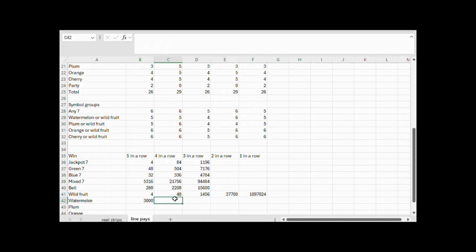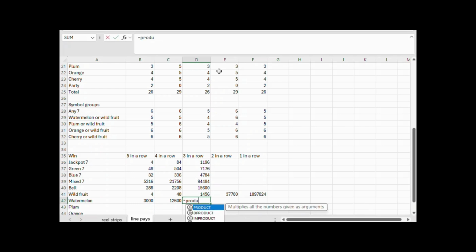For 4 watermelon, we take the product of the first 4 of them for reels 1 to 4 times the number of total symbols or positions on reel 5 minus the number of watermelons or wilds. And I'm going to put a $ sign in front of that 25 because I'm going to be copying and pasting that in a minute.